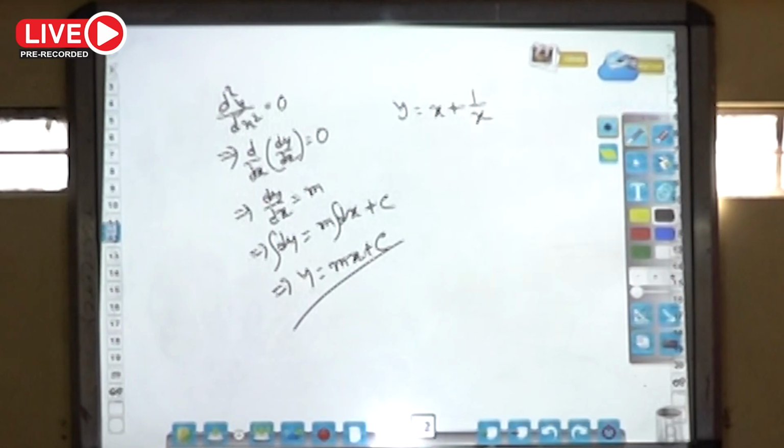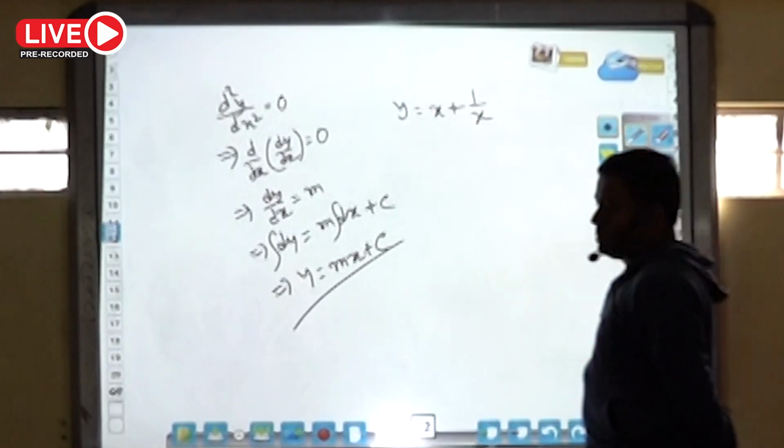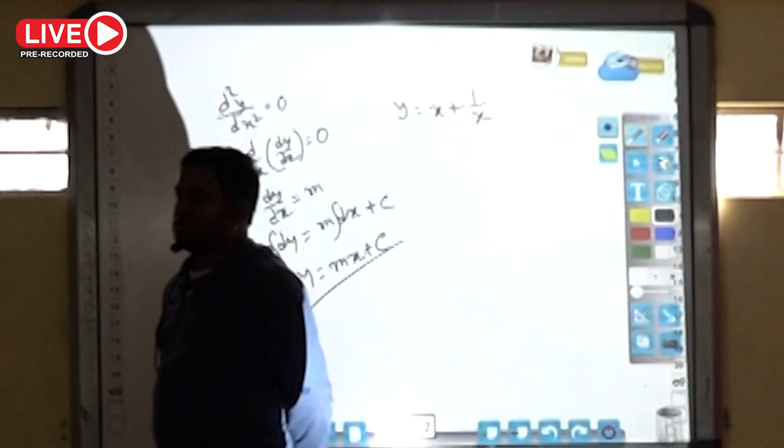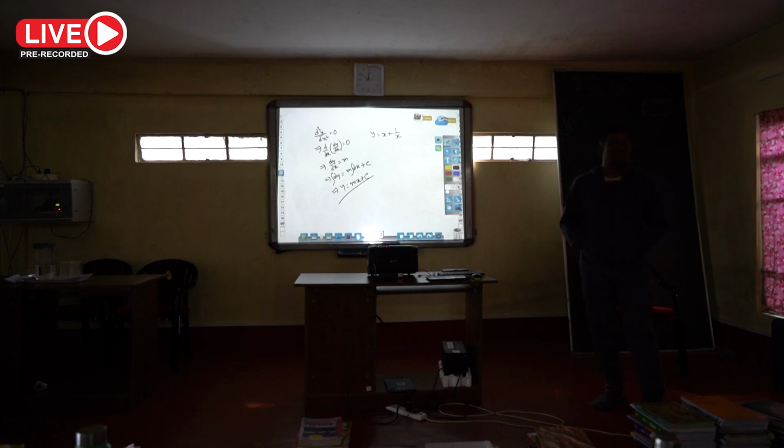First calculate dy/dx and then d2y/dx2, calculate both and then proceed to check all these things. Check, it will give you a ridiculous answer. Maximum value is coming -2 and minimum value will come +2.